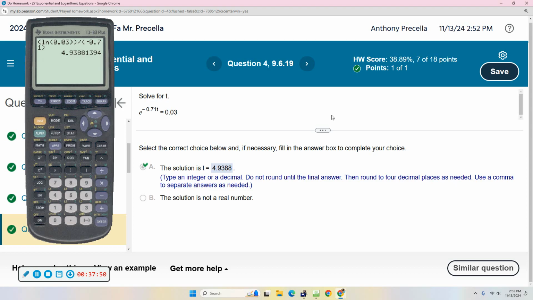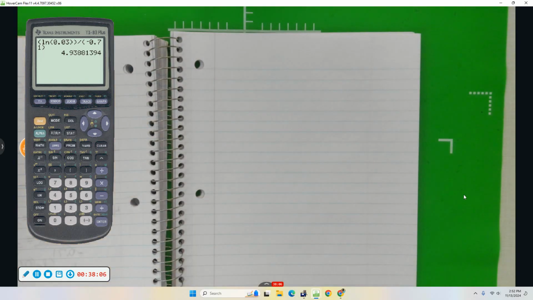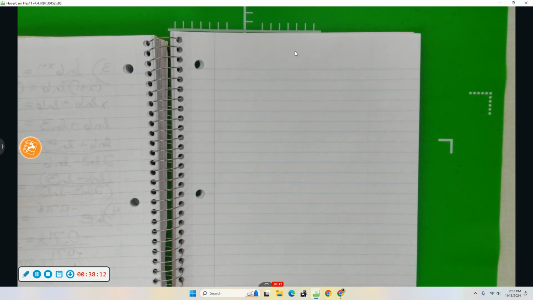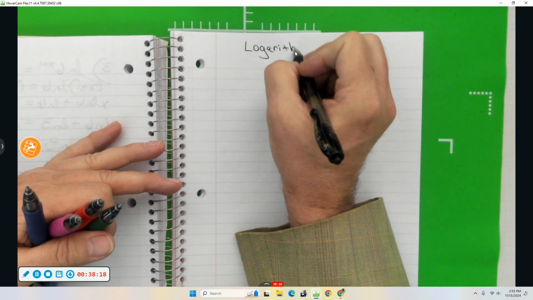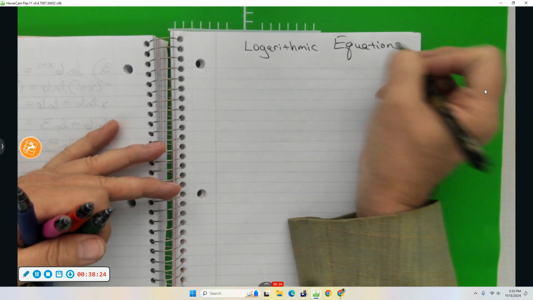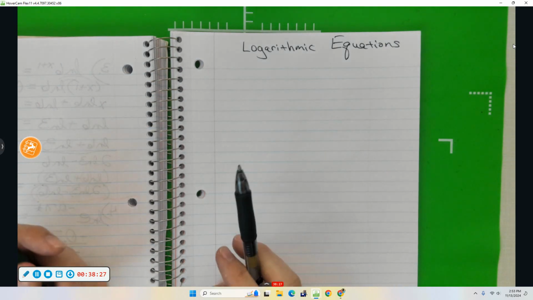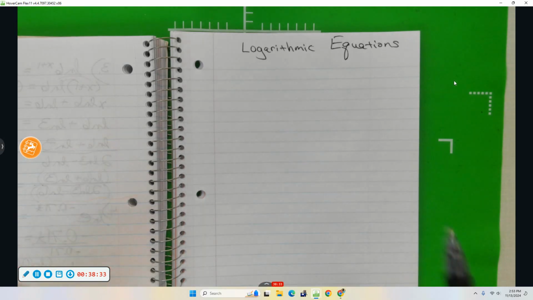Now, logarithmic equations. With logarithmic equations, you're going to need the equation in the form single logarithm equals a number.